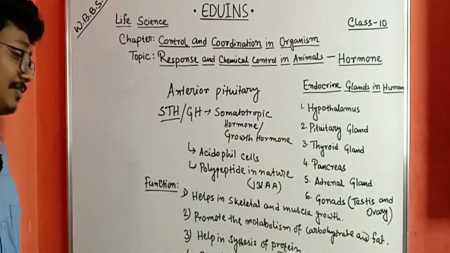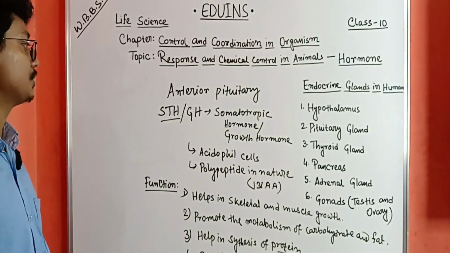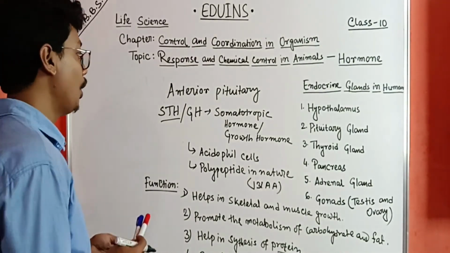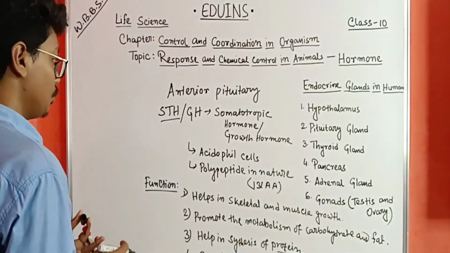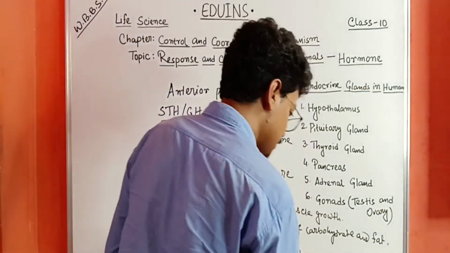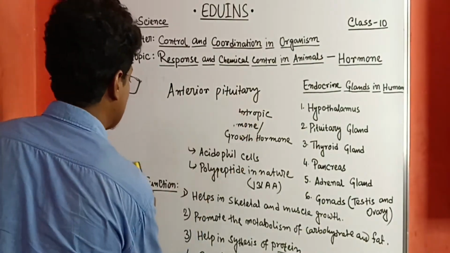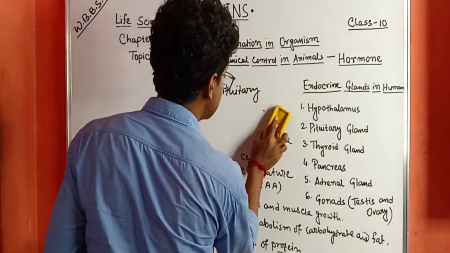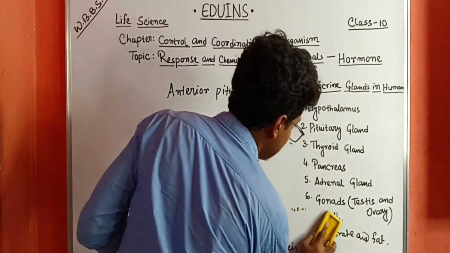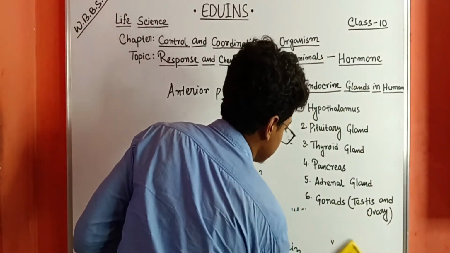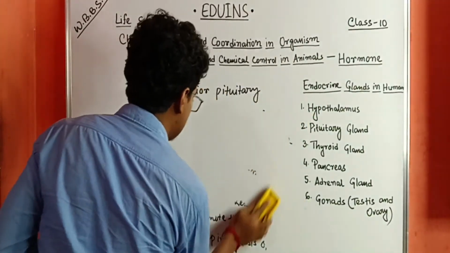Okay. These are the major functions of growth hormone or somatotropic hormone. Next one is the thyroid stimulating hormone, that is TSH.